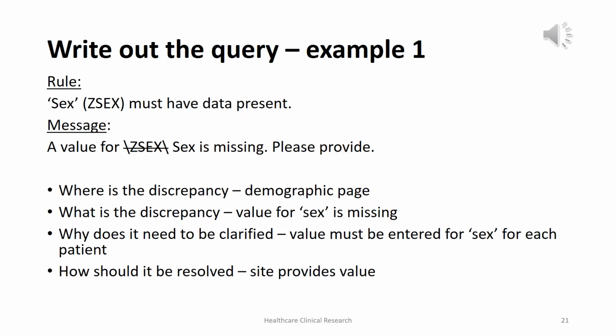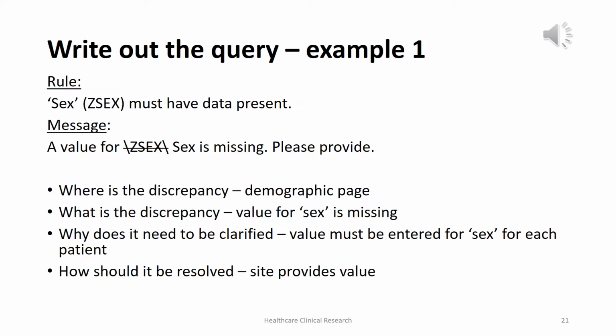So let's go back to our first example. The first example in our rule is that sex must have data present, and then the text that pulls into that is the value for sex is missing, please provide. So now we're ready to write this query and send it to the site. We want to tell them where the discrepancy is.